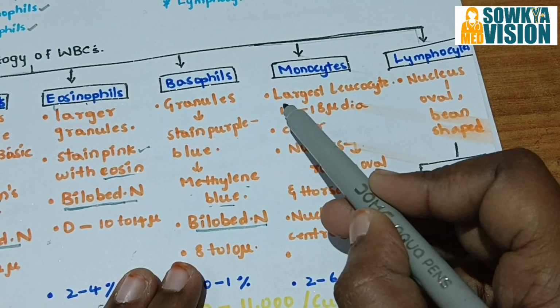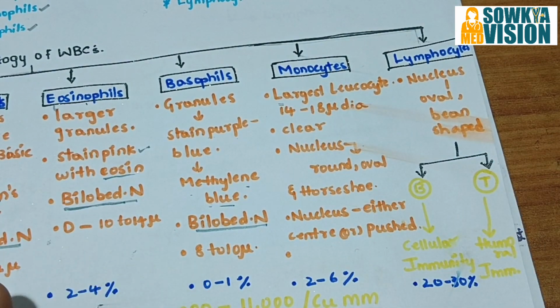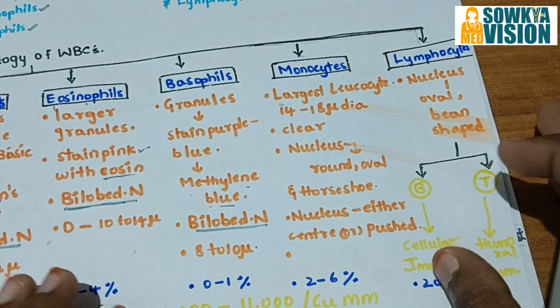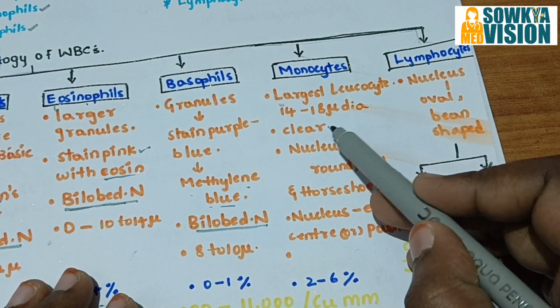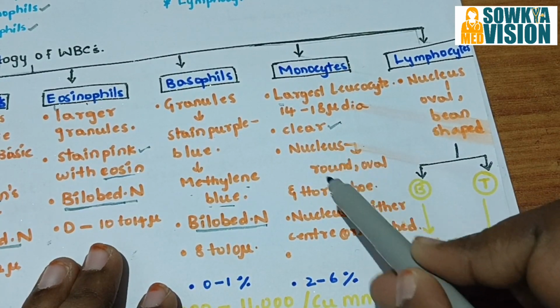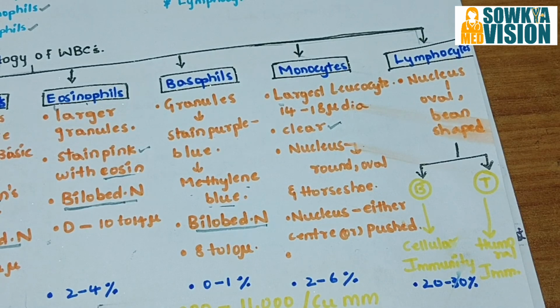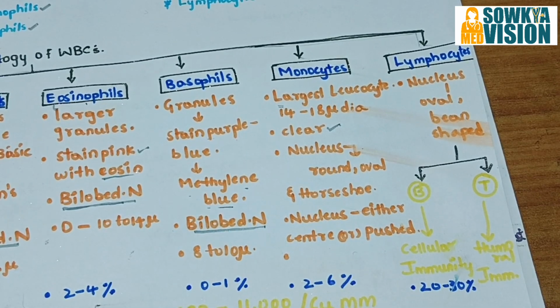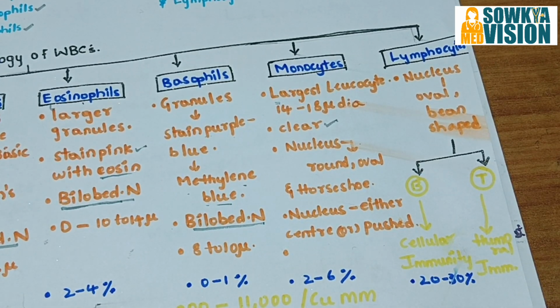See, the largest leukocyte is what? A monocyte. Monocyte is the largest leukocyte among all WBC, granulocytes included. The cytoplasm is very clear, no color. The nucleus is round or oval, and it is horseshoe shaped. The nucleus is clear.